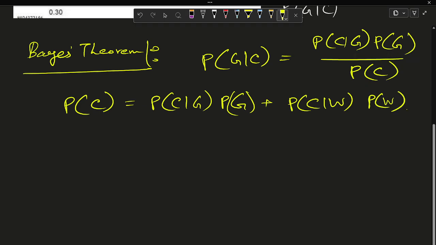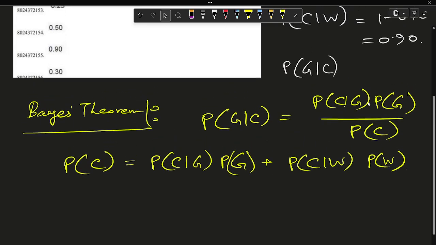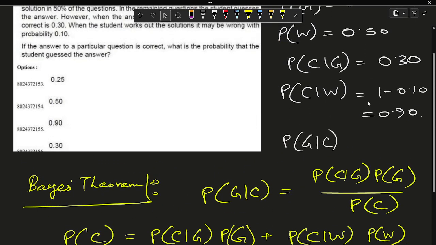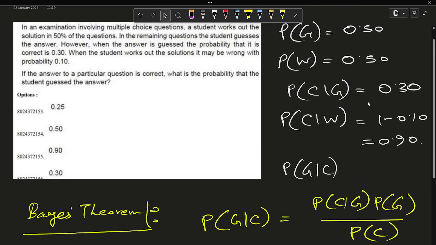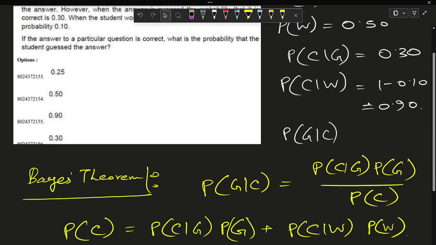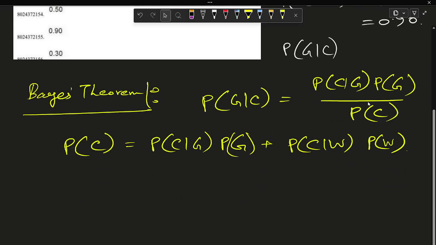I think we all got the things which are required here, so we can calculate PC.